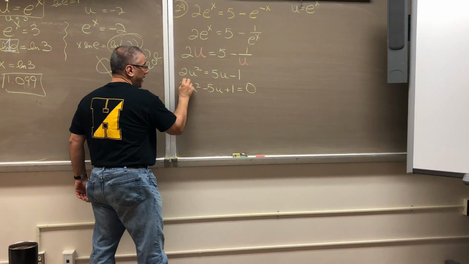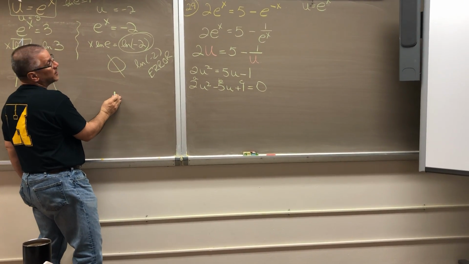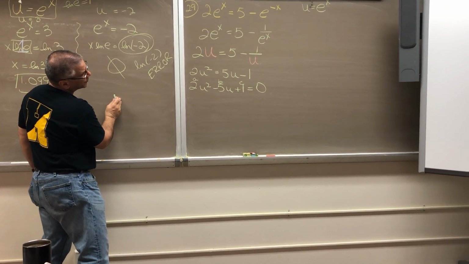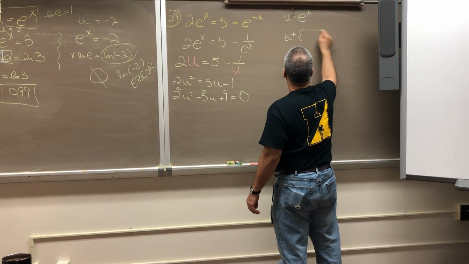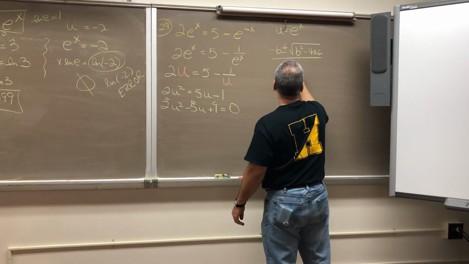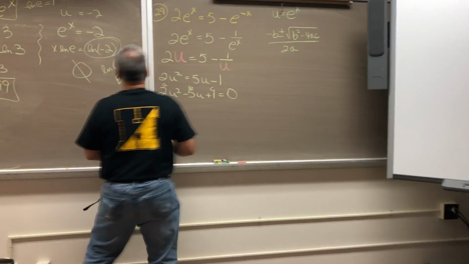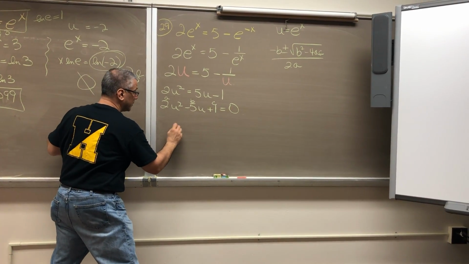Remember, here's your a, b, c. Remember your quadratic formula: negative b plus or minus the square root of b squared minus 4ac, all over 2a. So I'm going to fill stuff in, square things out as I go along to make it faster.